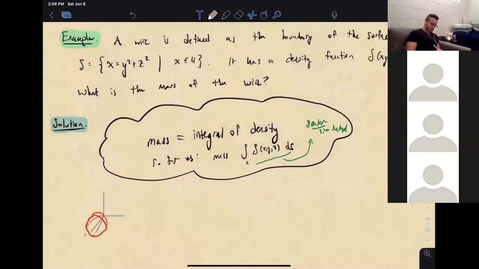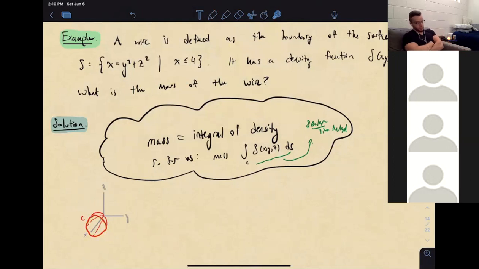So here's x, y, z. Maybe I shouldn't have drawn the surface in red, but here's C. It's this opening of the paraboloid.